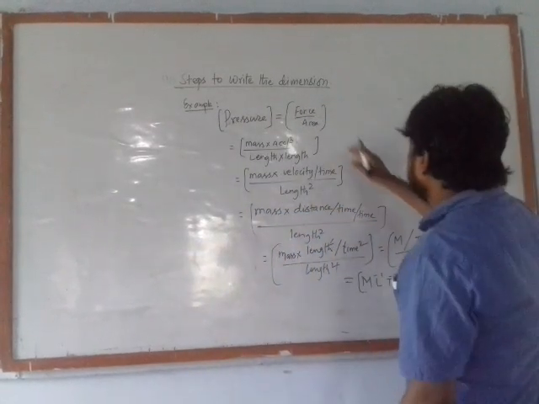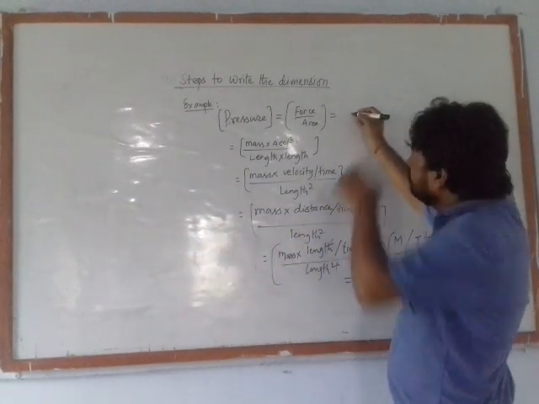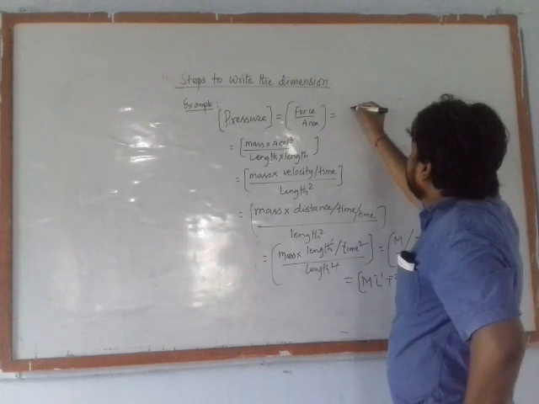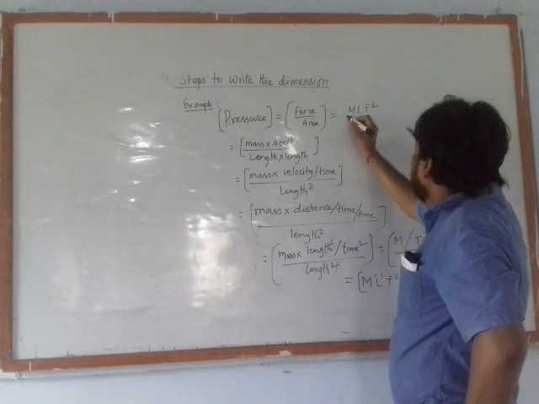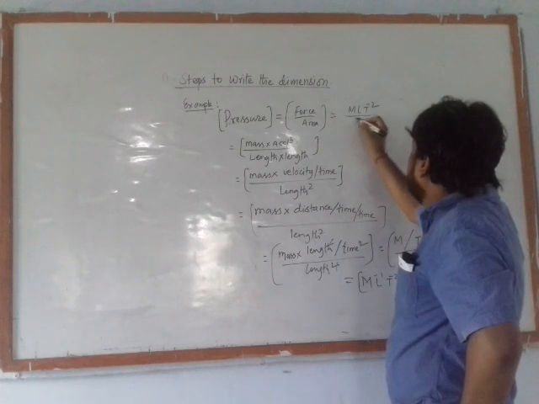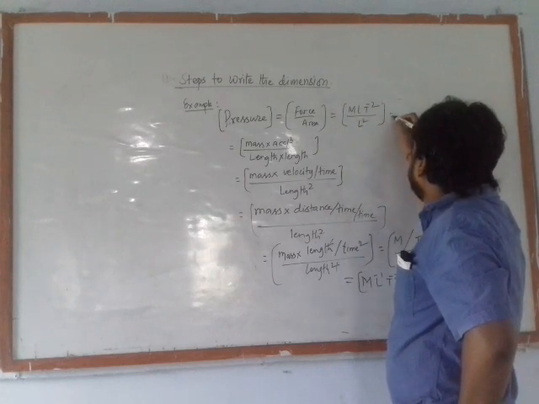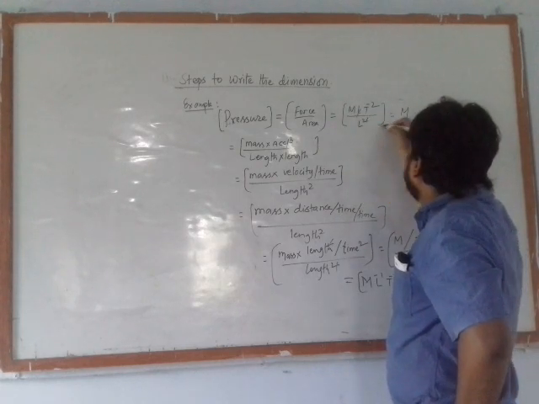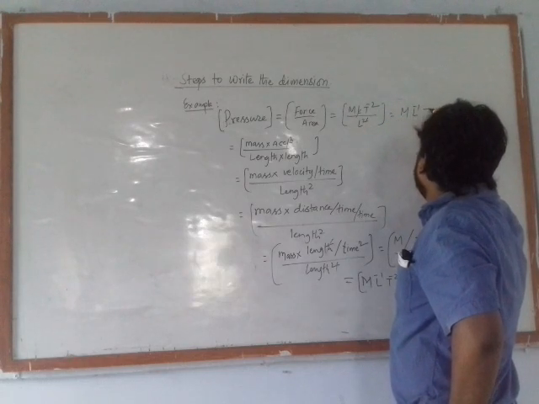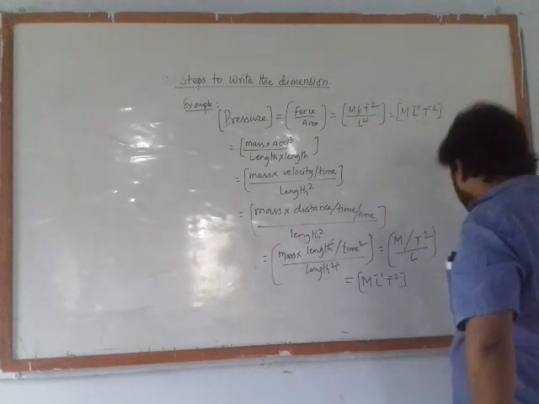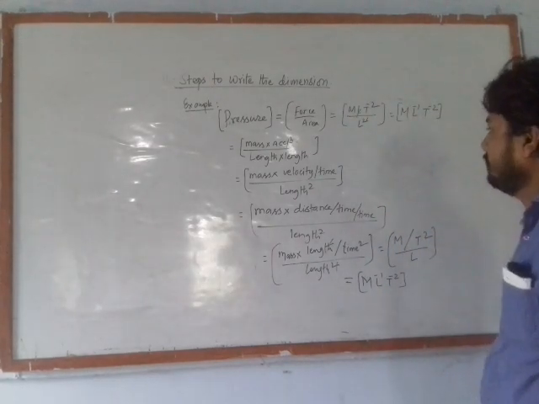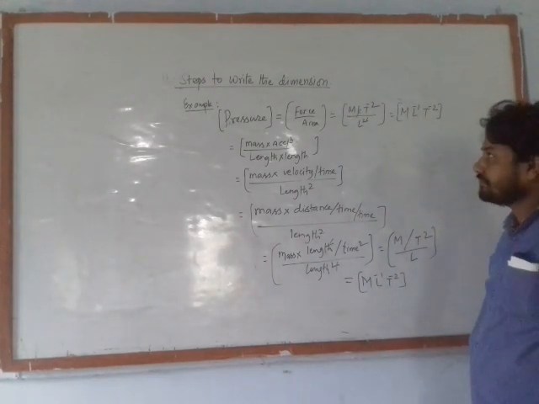Now if I use it directly, force is M L T to the power minus 2, already we have done, and area is L square. So I can write here M, one L cancels, so M L minus 1 T to the power minus 2. This way we can write the dimension of a particular quantity.